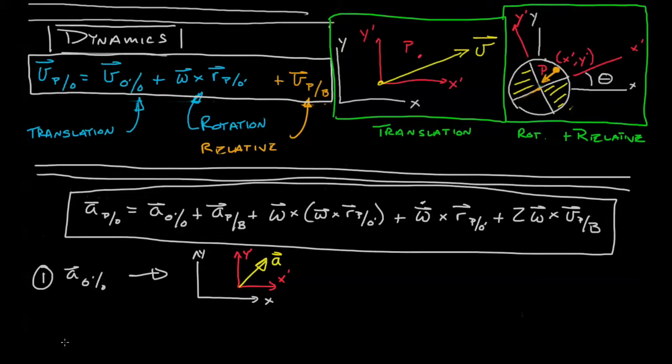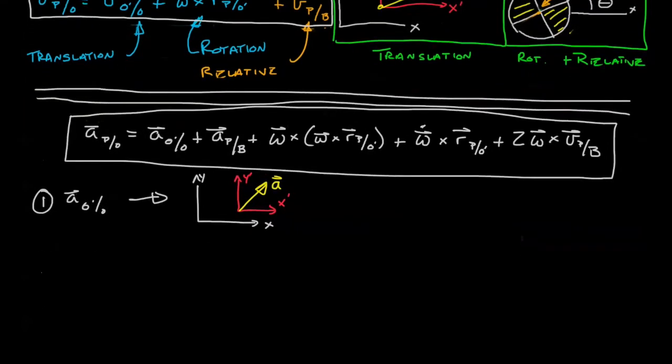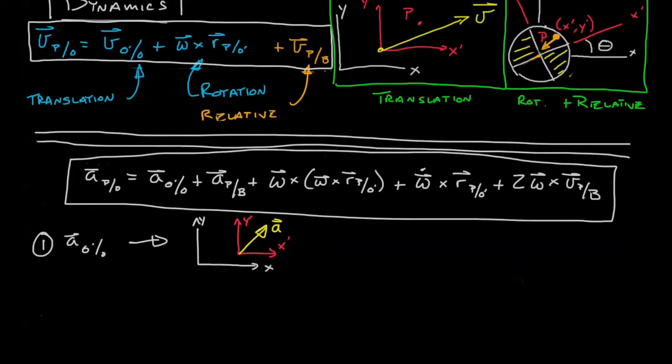All right, so next let's take a look at the second term. Let's scroll down, maybe to right there. The second term is the acceleration of point P with respect to the B coordinate frame. And in that one we're going to have our x and our y, and right on top of it we're going to have our relative coordinate frame. So there's really nothing different between the relative coordinate frame and the stationary coordinate frame.